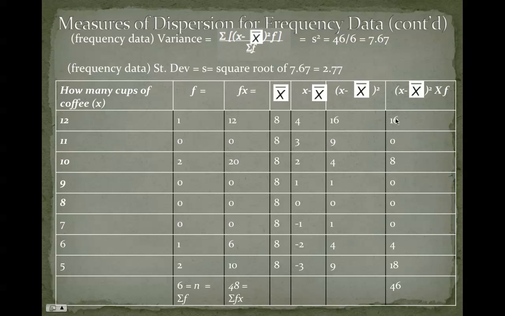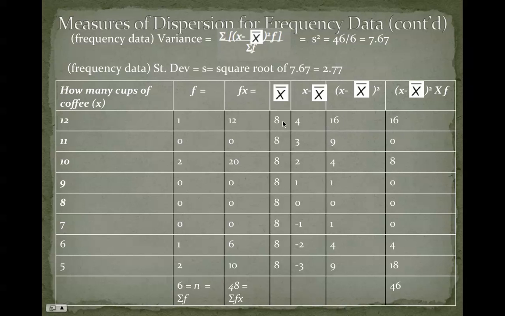And the last step, which we haven't seen before, is multiplying this column now by the frequency. So again, with frequency data, we always end up multiplying by f. So 16, which is this value here, and this is just simple arithmetic, really. It's x minus x bar squared, 16, times the f.